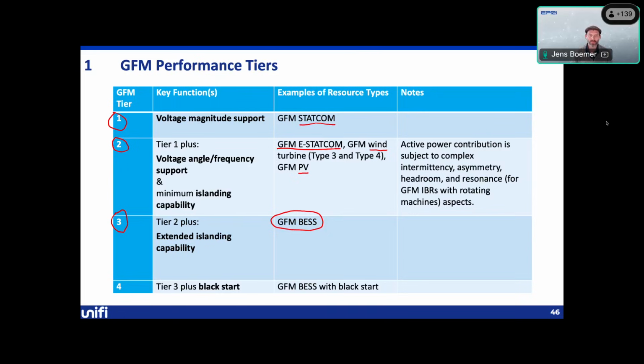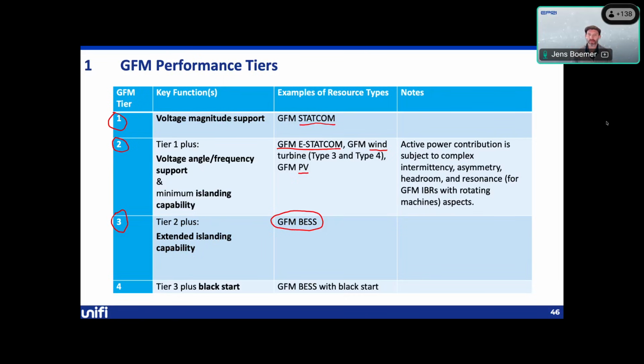Now, you could also look at it from the other way, where somebody adds a couple of additional grid forming IBR units into a plant, and the agreed upon interconnection continuous rating of that plant is not identical to the total aggregate of the nameplates of all of these individual grid forming units, but maybe it is just, I pick a number, 80% or so of that total aggregate capacity.